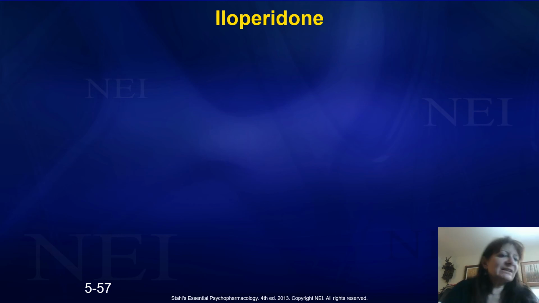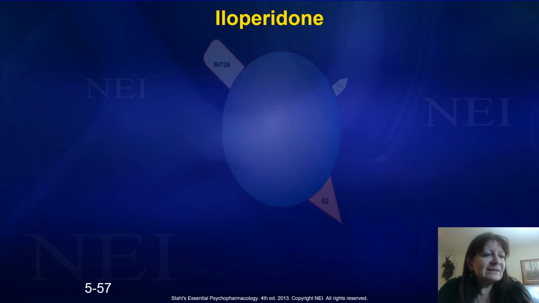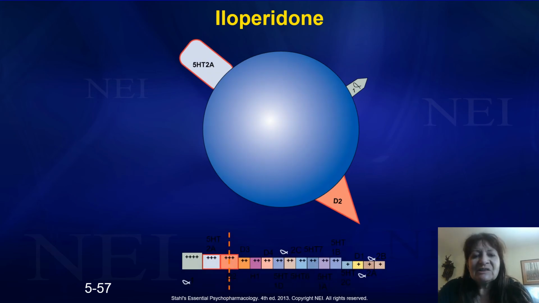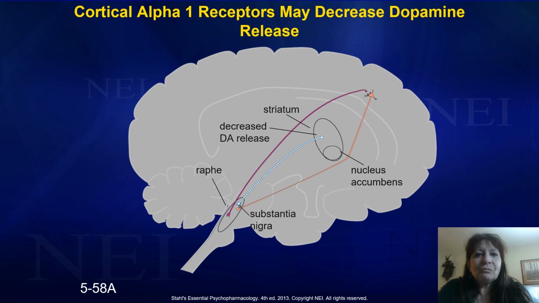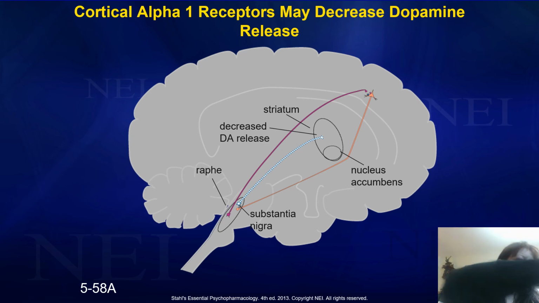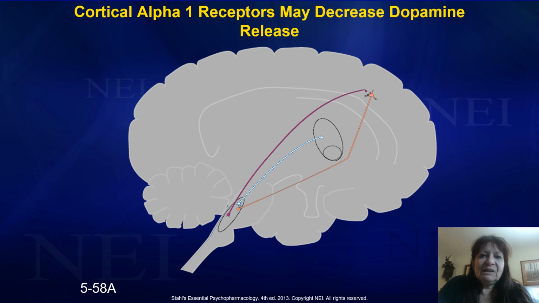Iloperidone is also known as Fanapt. Dosing is 6 to 12 milligrams BID. This one you don't see as often in clinical practice, but it's available. It has moderate metabolic risk, and its profile is actually pretty simple. So cortical alpha-1 receptors may decrease dopamine release.